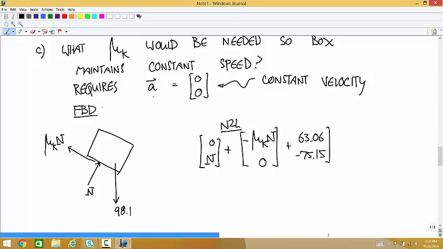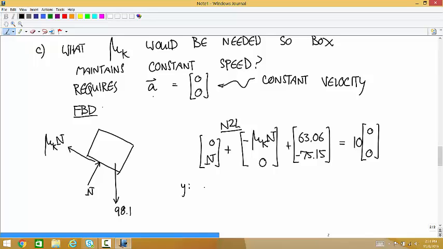That's the weight force. That's been the same for every one of these parts. Is equal to the mass of the box times the acceleration, which now we're saying has to be equal to 0, 0, in order for the speed to stay constant. Any questions yet about this setup?